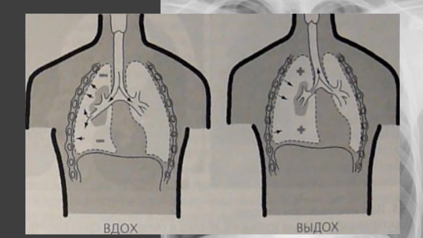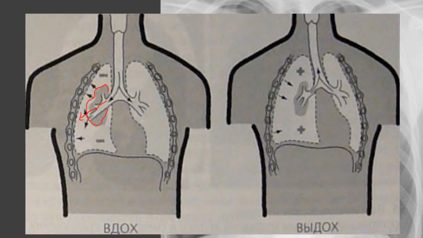And now I want to talk with you about valvular pneumothorax. You need to understand that when we breathe in, air, you see this is a lung, and air with valvular pneumothorax will come into our thorax, to our damaged side of thorax.